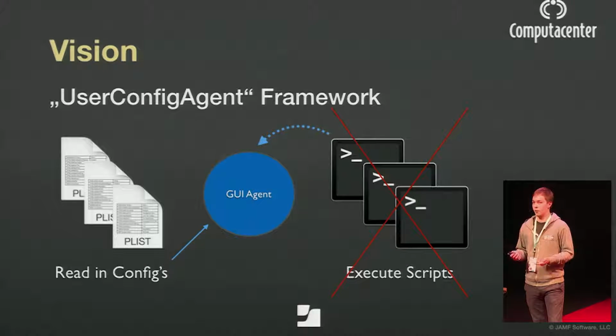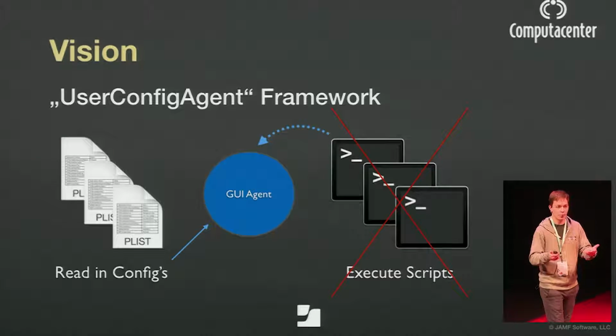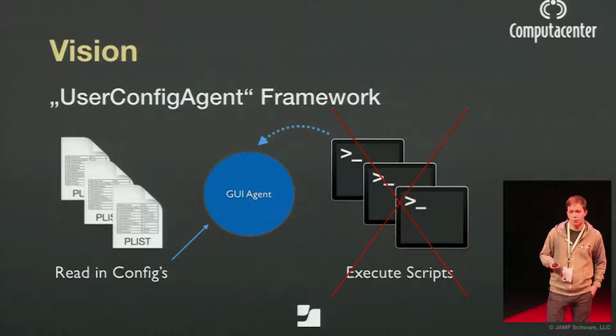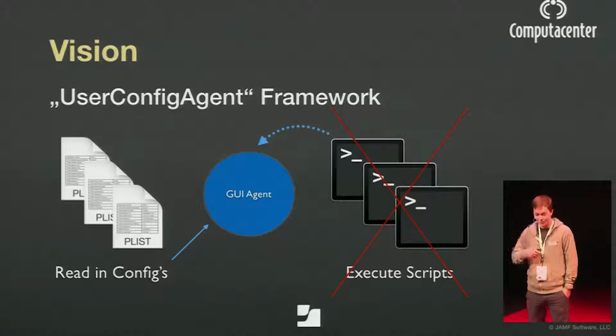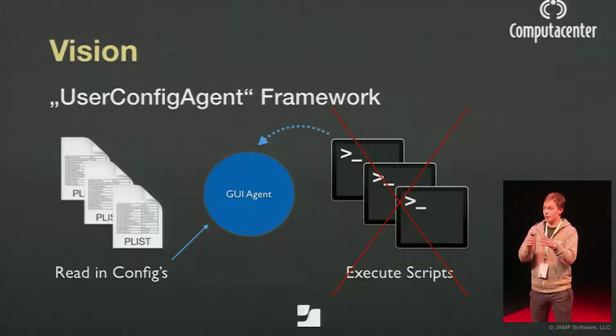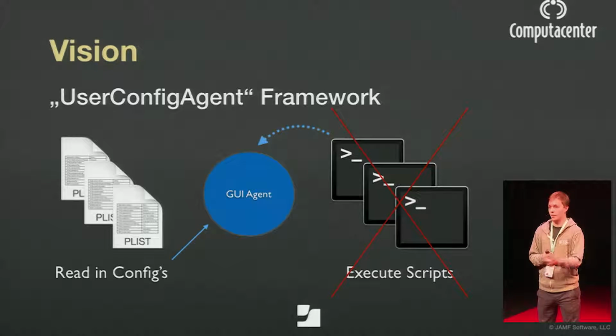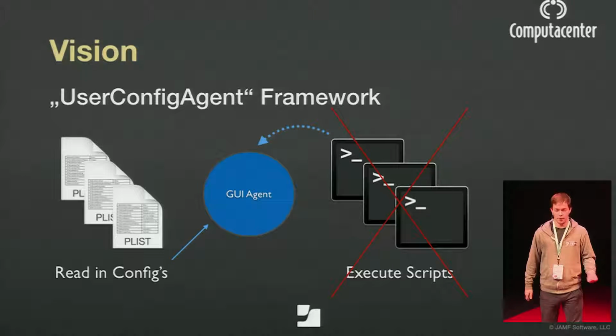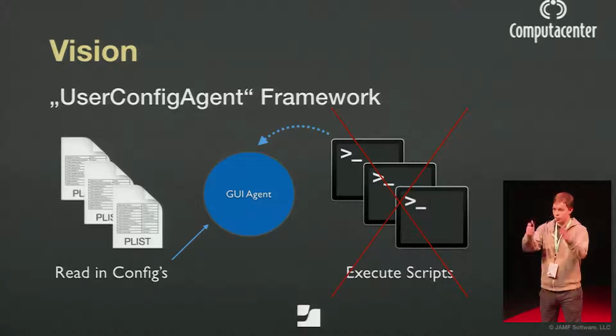And that's a security concern, because when you log anything out of your scripts in the syslog or whatever, you have the password, and that's not what we want to see in the future. I want to have these passwords only stored in the user configuration agent and not piped out anywhere. So just read in our configs, and the framework should do all the things we formerly did with the execution scripts. I want the framework to do that itself.